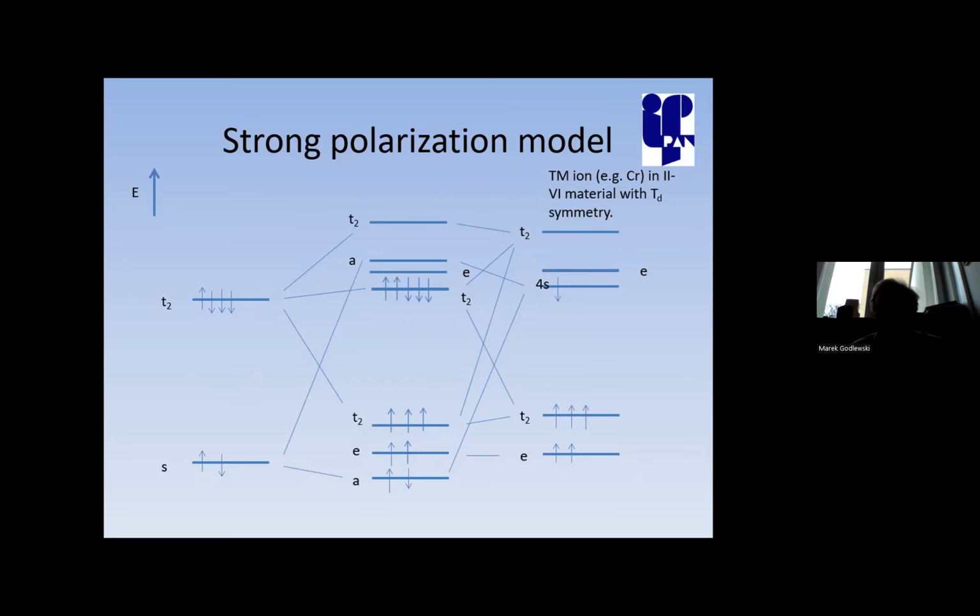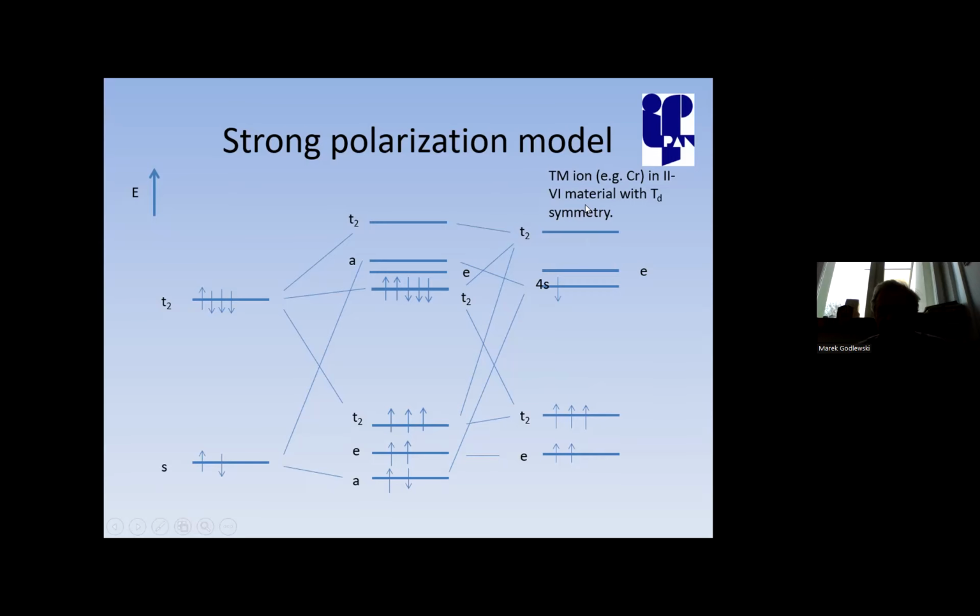Chromium is a very special case because the electron configuration of chromium, I mean of the non-ionized atom, is 3d5 4s1. This is one of those multi-electron systems where the rules we know for one electron, and the order in which we put them on different shells, break down. So 3d5 4s1. On the right side, I prepared a situation where we have 5 electrons on the lowest E and T2 states.